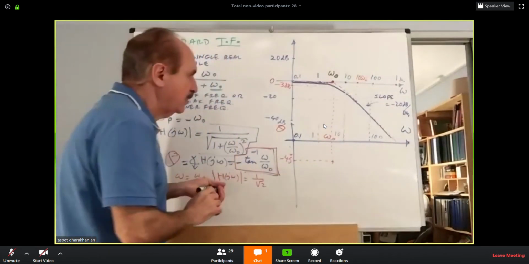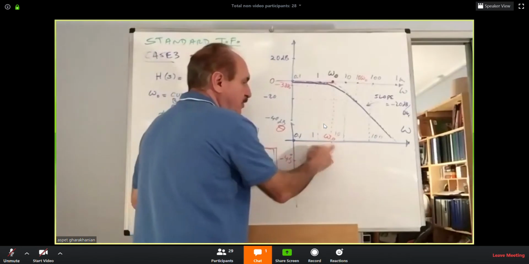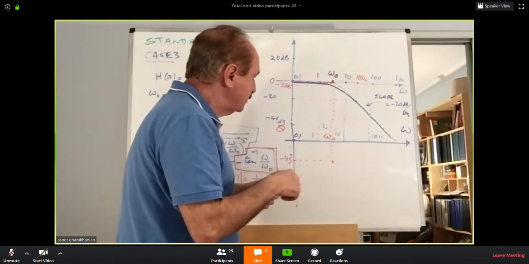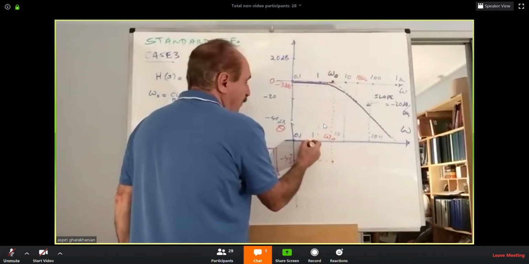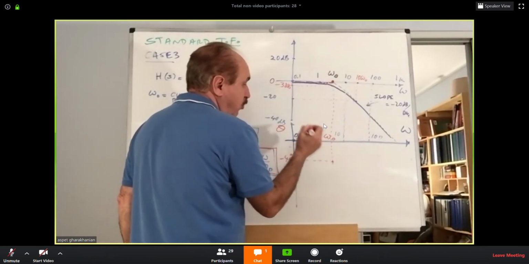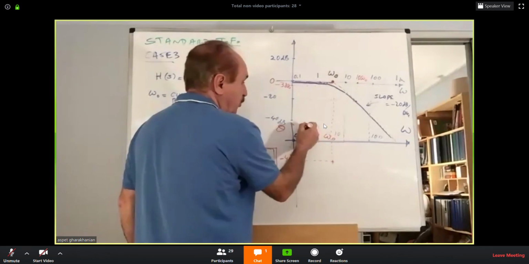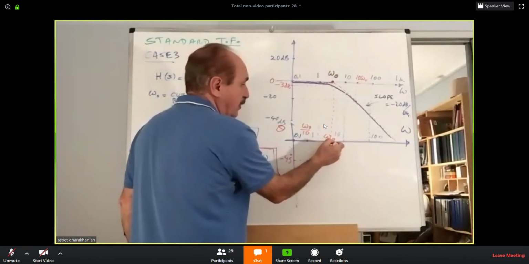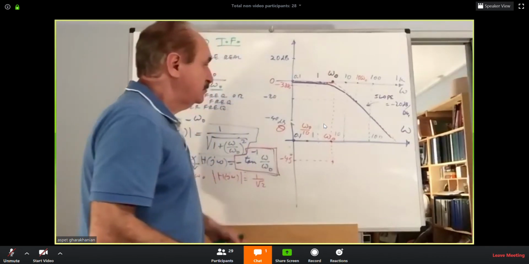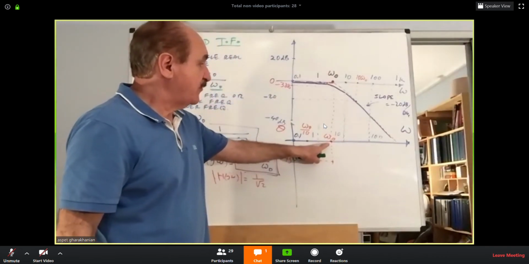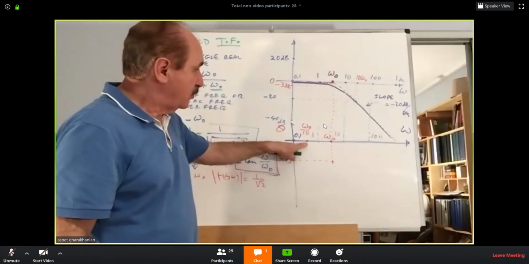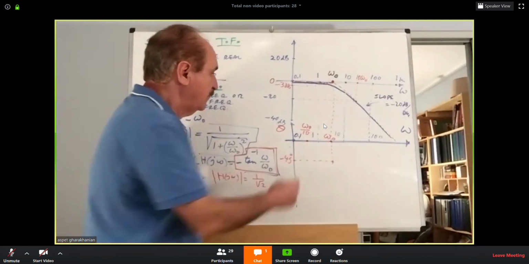Then, once you establish that point, go find a point in this location, which is omega O over 10, 10 times lower than omega O. So if omega O was, for example, 3, go find 0.3, which is in this interval. Fix this point.